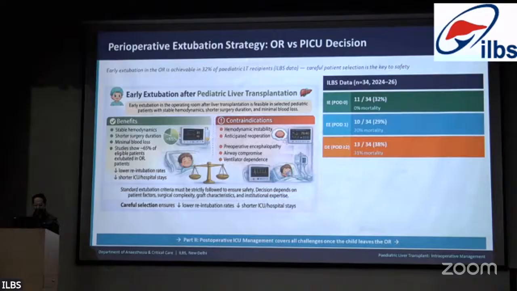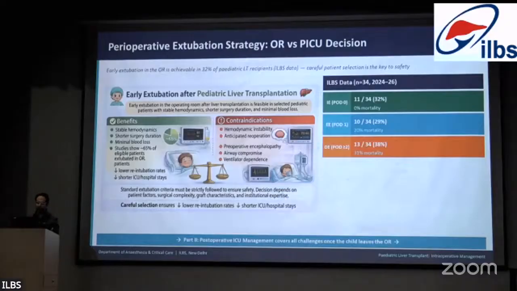Once the surgery finishes, a planning for extubation should be done. Early extubation is achievable. It should be tried when there are stable hemodynamics, the duration of surgery is short, and there's minimal blood loss. Studies have shown that around 50 to 60% of the patients are eligible for extubation in the operating room itself. Extubation criteria must be strictly followed to ensure safety.